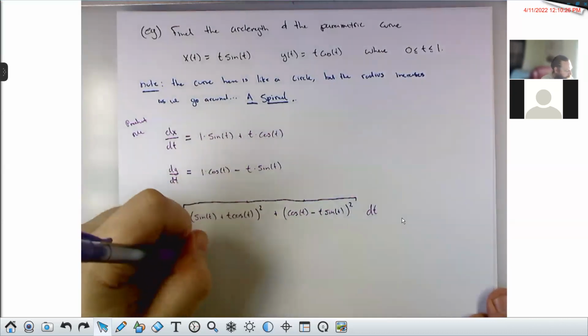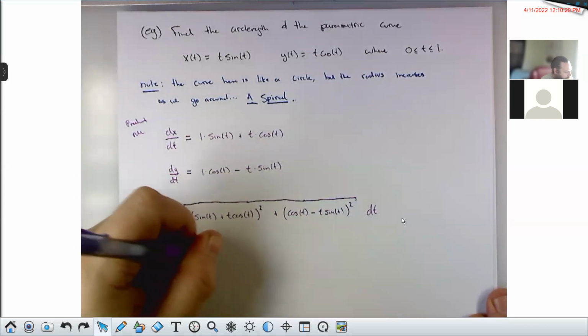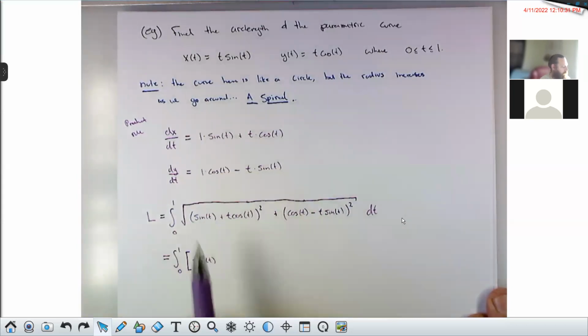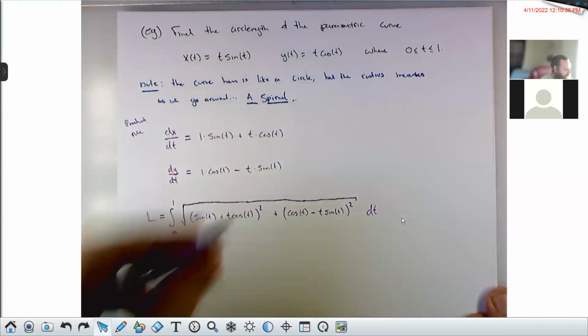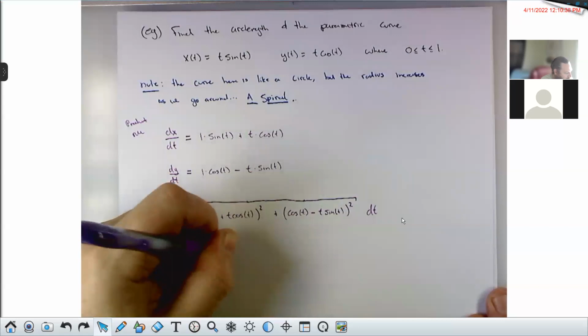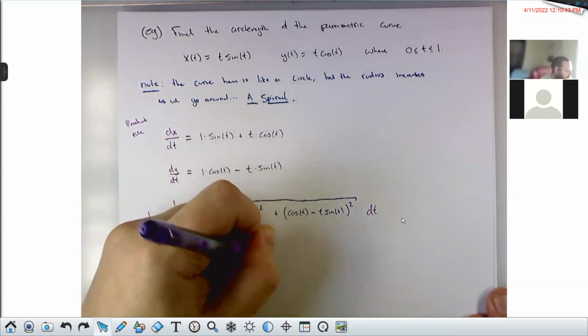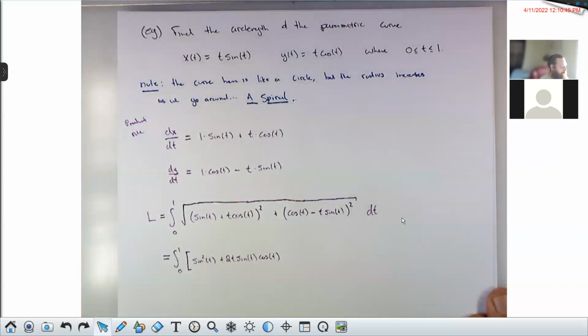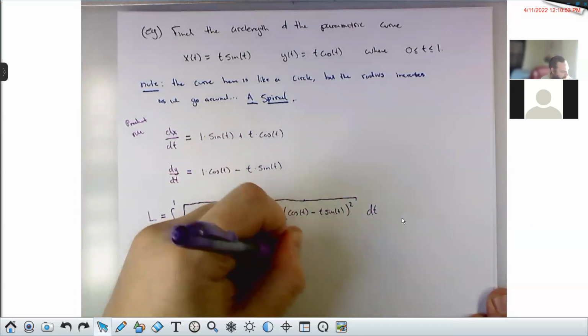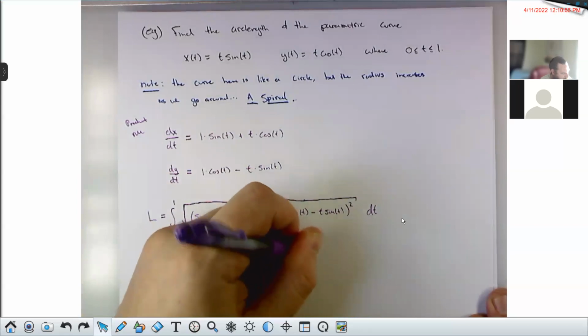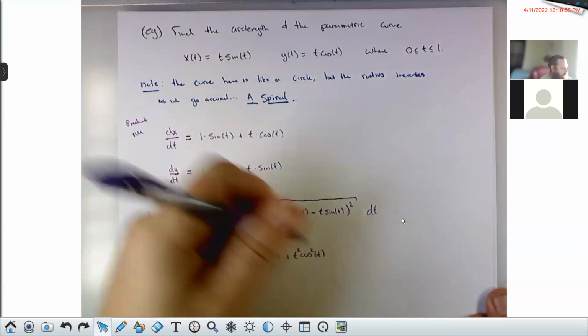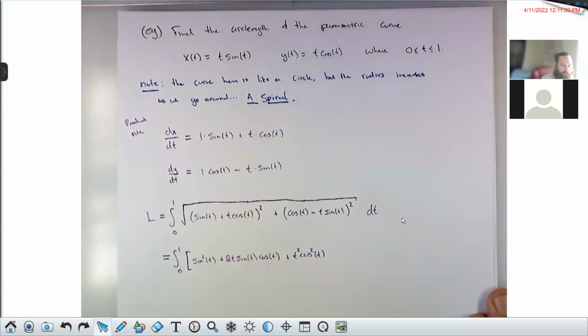Foiling the first piece gives me sine squared t plus sine t times t cos t times 2, right? 2 copies of that, so plus 2t sine t cos t, plus (t cos t) squared, which is t squared cos squared t. So that's the first piece.